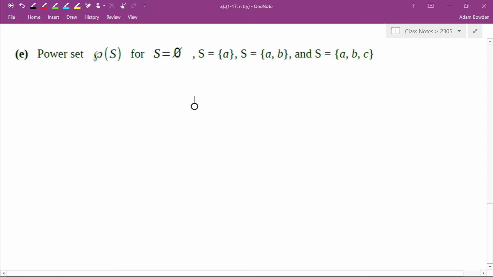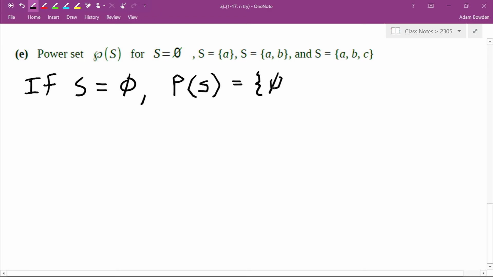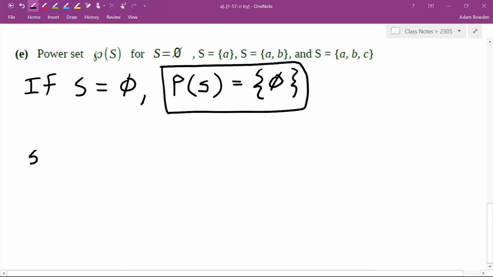Let's go back to the notation for power set again. Here we're going to be doing the power set for set S with a variety of different elements inside of it. Okay, so if our set S is just equal to the empty set, the power set would be equal to just the set containing the empty set, since the empty set is the only subset of the empty set.